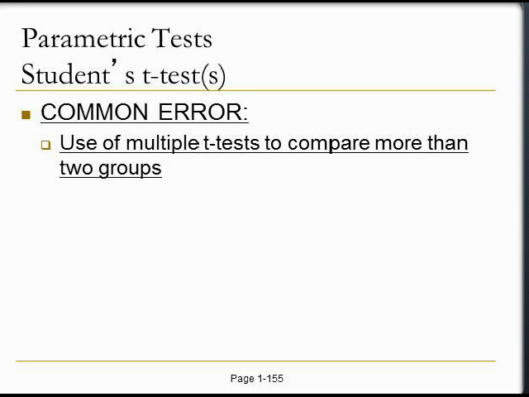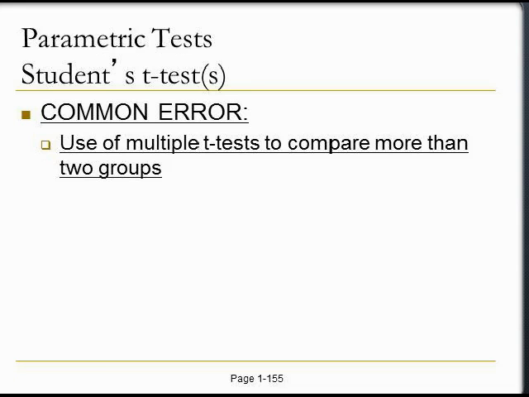All right, a common error with t-tests is that instead of wanting to compare 2 groups, let's say we put everybody on this side of the room that's from the United States, everybody in the middle here from Canada, and everybody here on the right from Mexico, and we want to know if the means of those 3 groups differ.